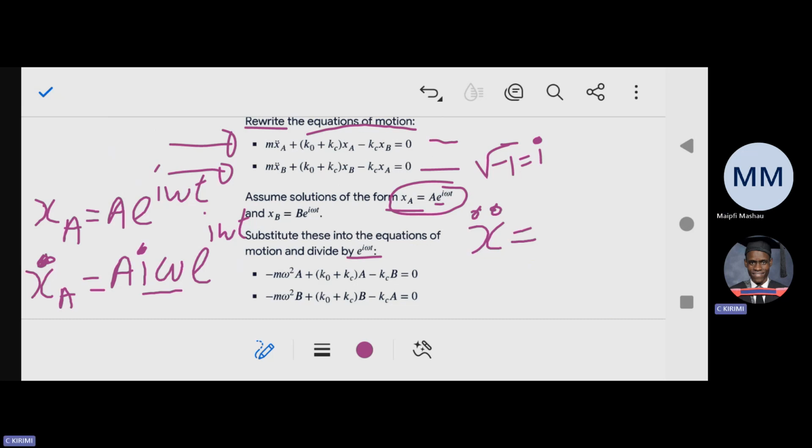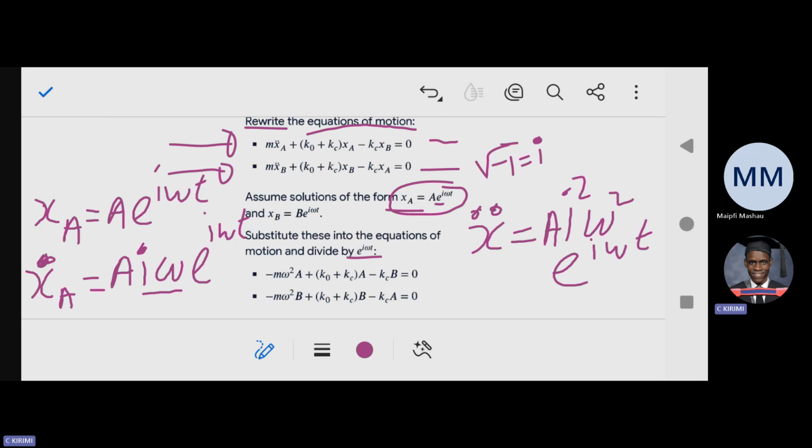You are having AI already, so it will be AI squared. Can you see? W squared, which means now we are repeating it, multiplied by e to the power I omega t. So that's where this is coming from. I squared.